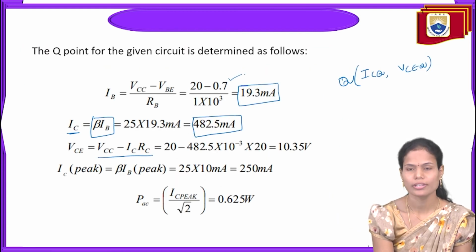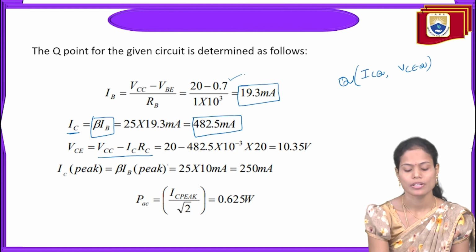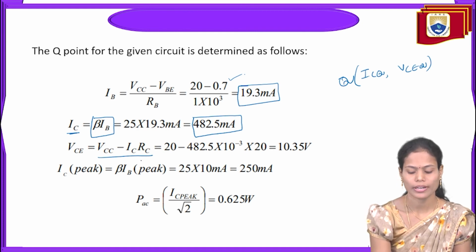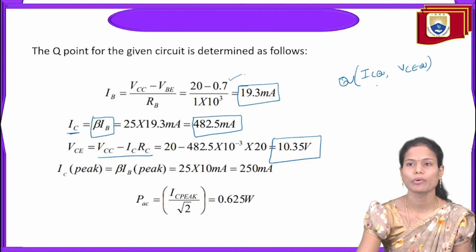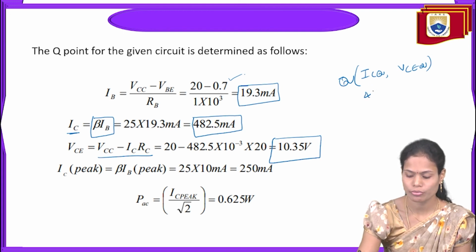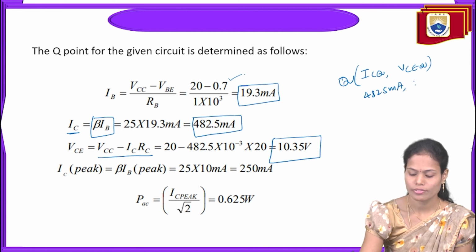The supply voltage is 20, the IC value we got is 482.5 milliamps, and the collector resistance is 20 ohms. If we simplify it, we get 10.35. So the Q point value here is 482.5 milliamps and VCEQ is 10.35 volts.